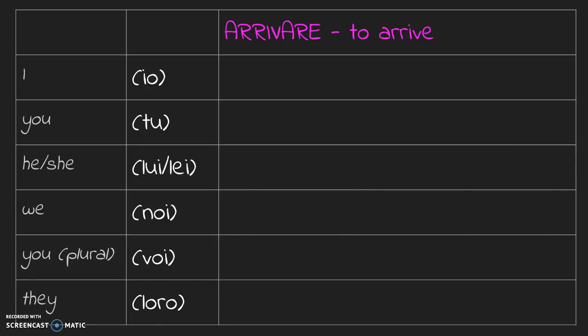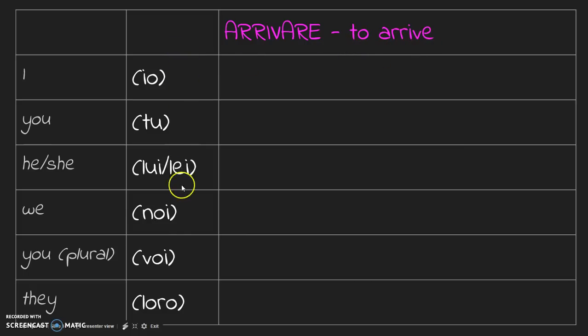So we'll start by looking at arrivare, to arrive, and our verb tables are very familiar to you, I'm sure, at this stage. At the very top we have what's called the infinitive of the verb, which is basically the title or the name of the verb. In English, it's always a to form of the verb, so in this case, to arrive.